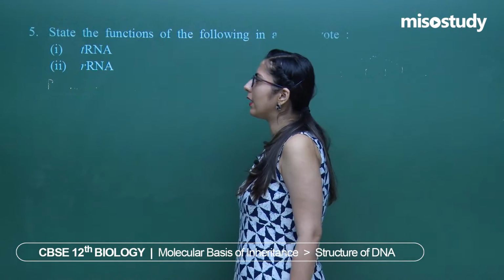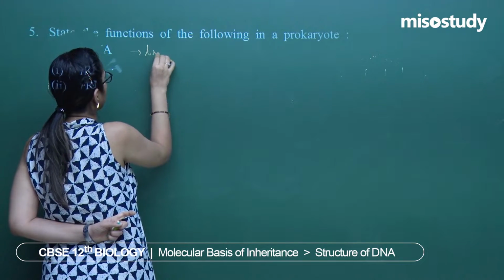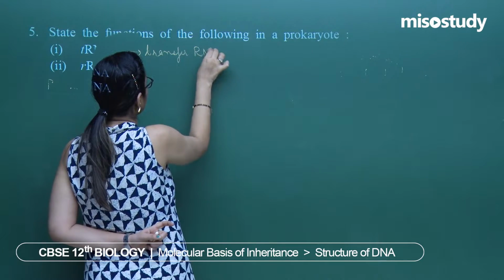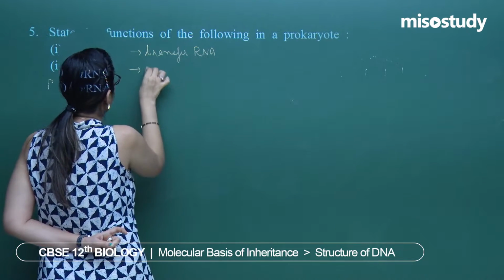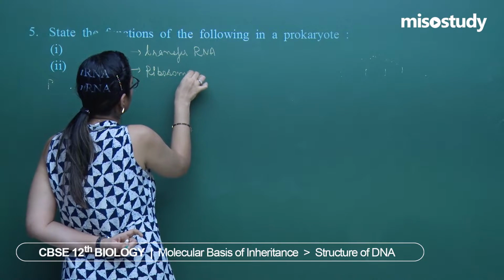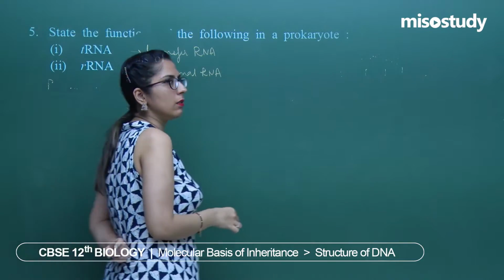So, to talk about tRNA, tRNA is also called transfer RNA, transfer ribonucleic acid, and this is called ribosomal RNA, ribosomal ribonucleic acid. Right?